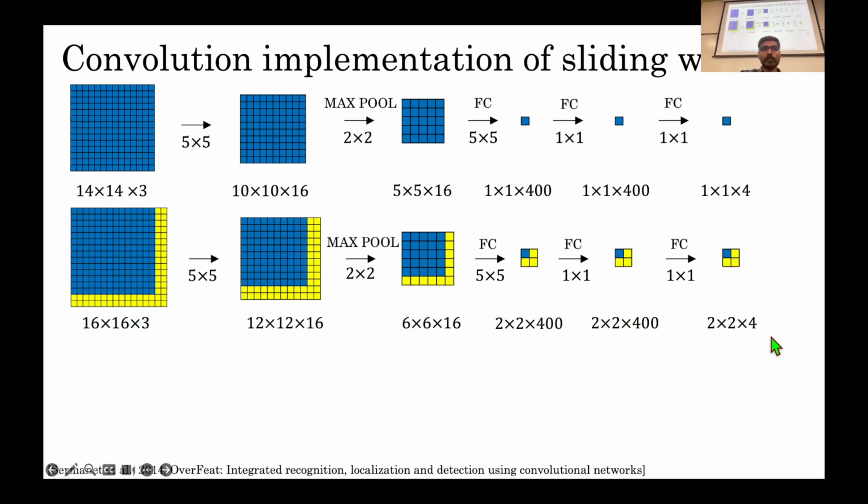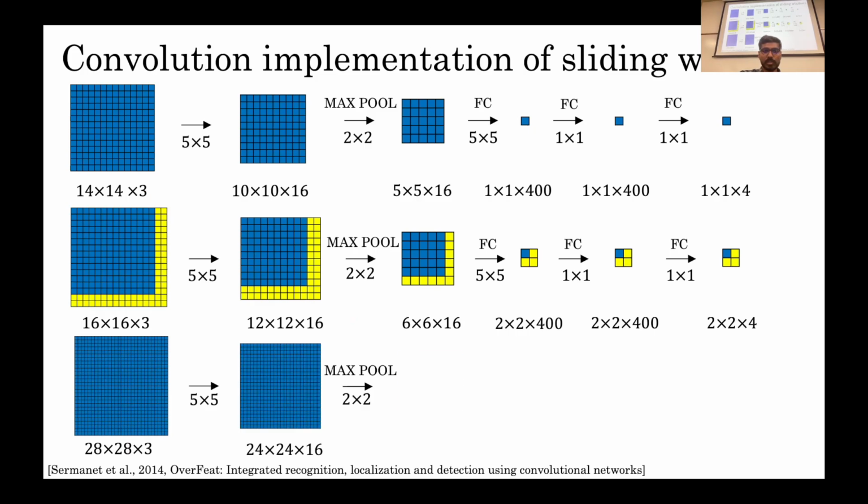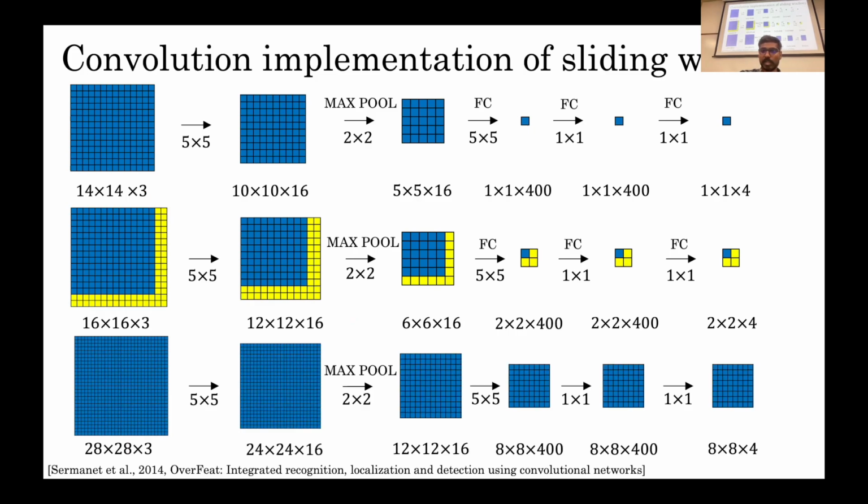So now you have seen what we have done. With a single forward pass, we computed the class probabilities of 4 different regions in the image, right? We can use the same concept with a much bigger image, and if we do this, we will end up with 8 cross 8 cross 4, right?